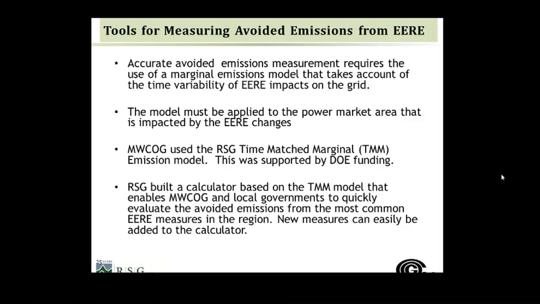So the Metropolitan Washington Council of Governments chose and worked with us to use the RSG's time-matched marginal emission model in order to provide the marginal analysis that was necessary for their work.